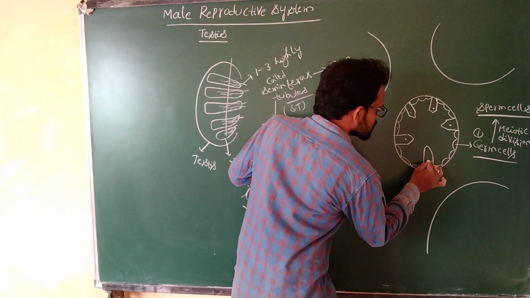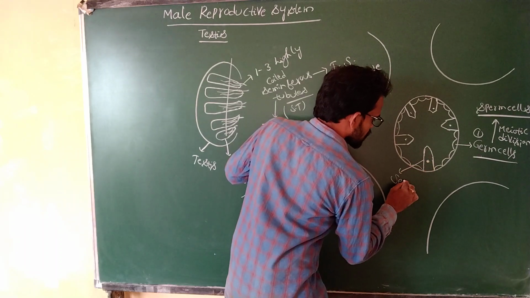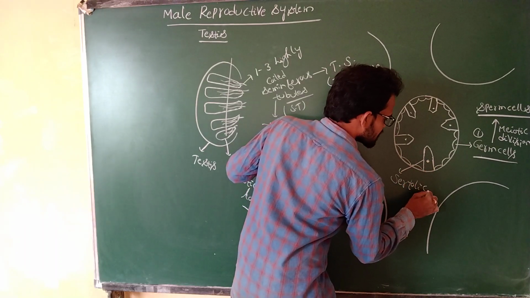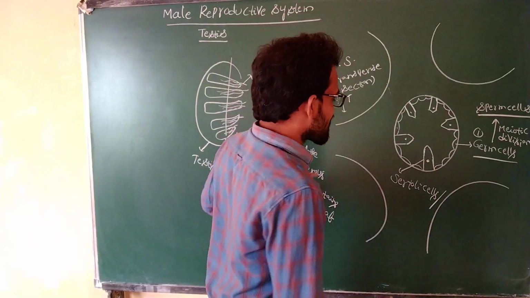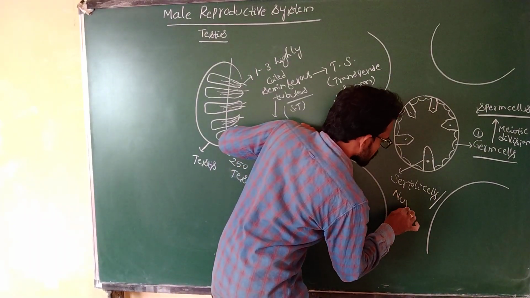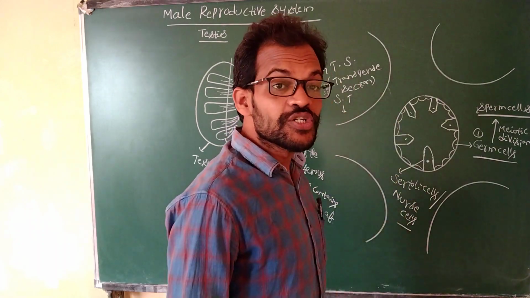These cylindrical cells indicate Sertoli cells. These Sertoli cells are also known as nurse cells. What is the function of these Sertoli cells?